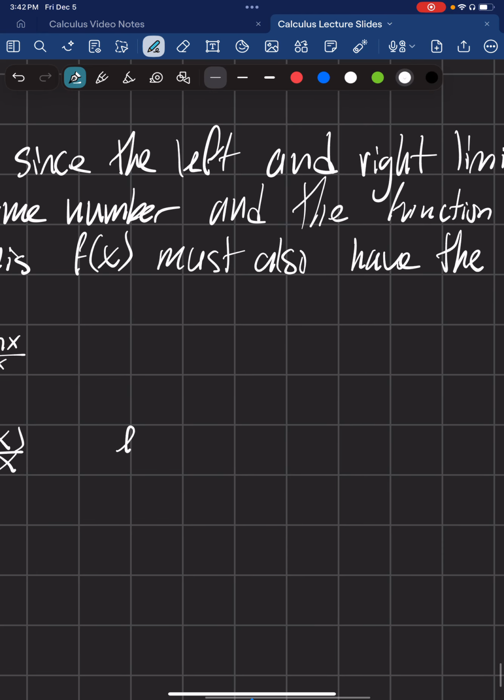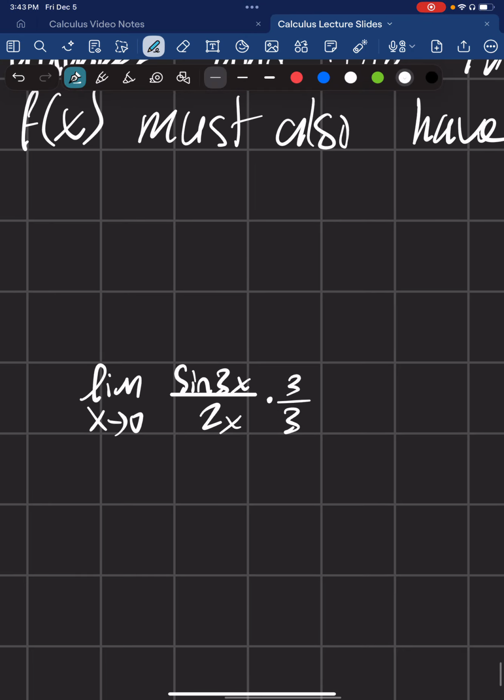Let's say we take the limit as x approaches 0 of sine 3x over 2x. Remember, we want it to look like sine x over x, or an equivalent form of that, right? So what we can do here is multiply this by 3 over 3, right? And then when we do that, we can now rewrite this.